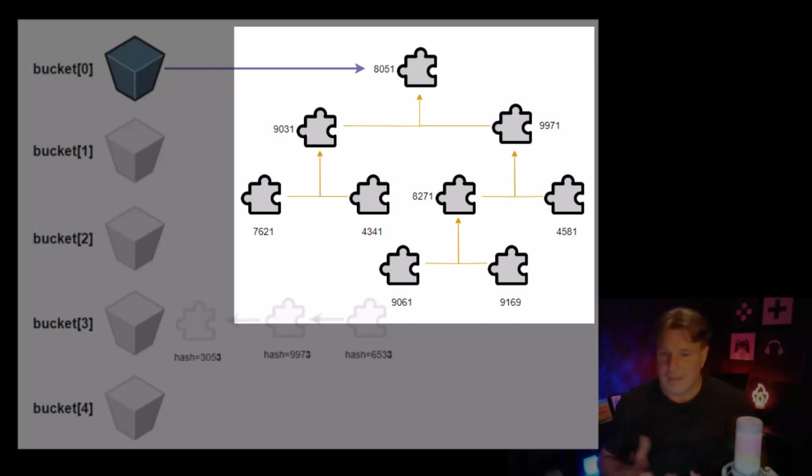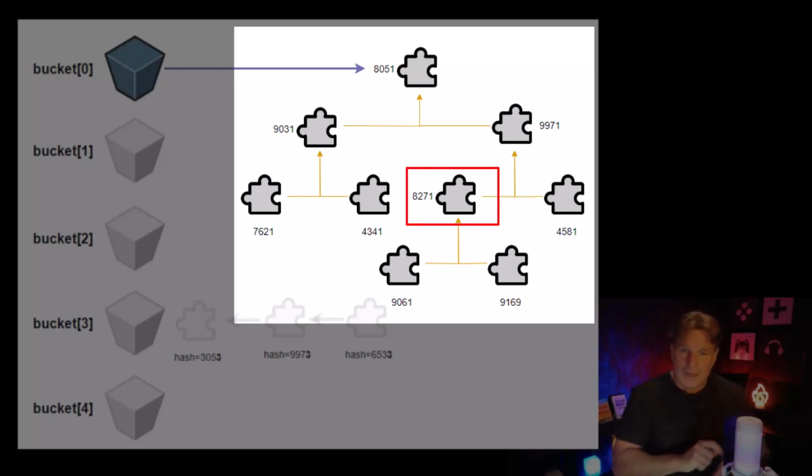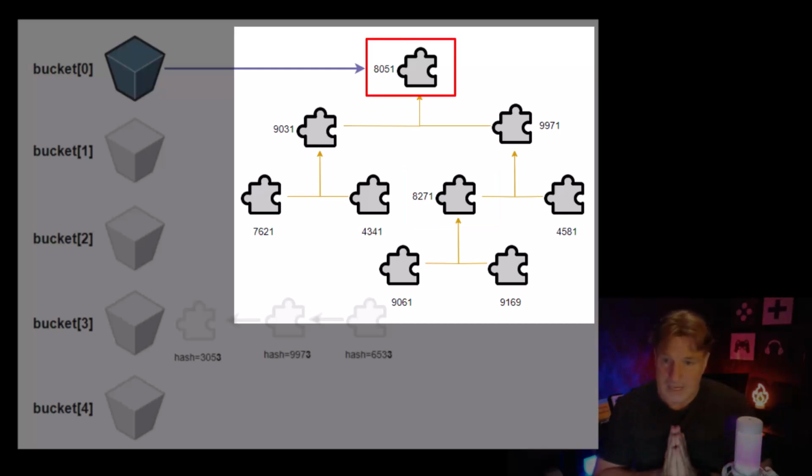For example, if I had a binary tree with 9 elements in it, and I wanted to find element 8271, I wouldn't have to search through all 9. With a binary tree, you can look at the first node, which might be 8051, and say it's actually higher than that.